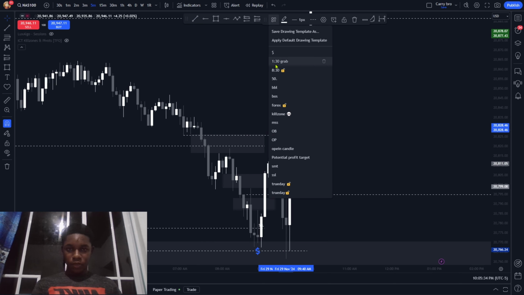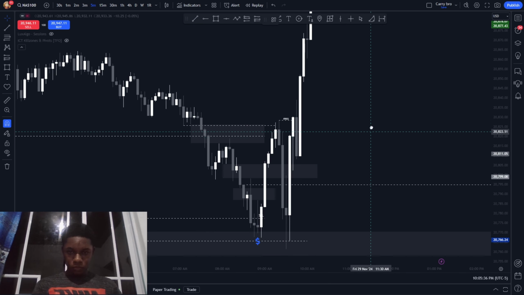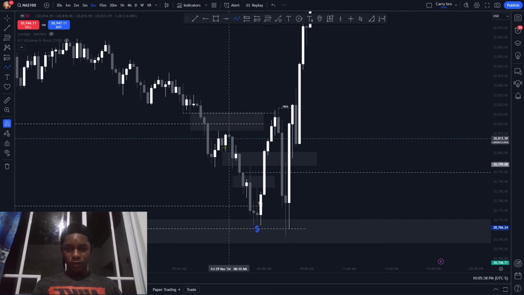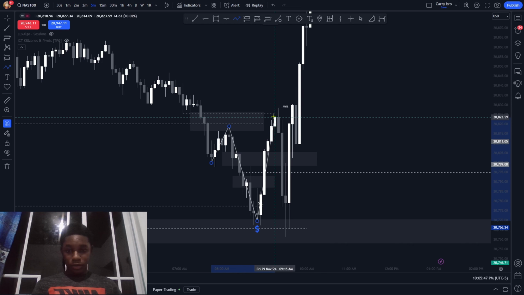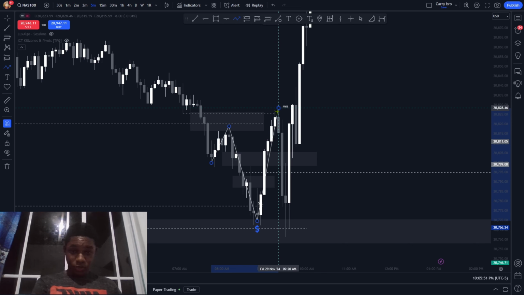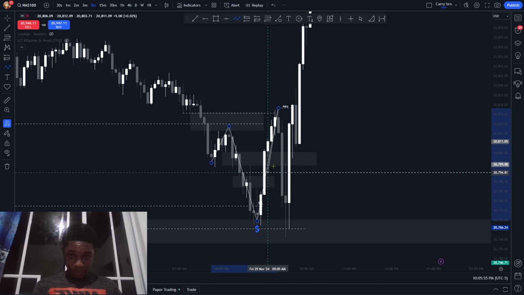If you don't see, let me show you. So we have price creating a swing high, swing low. It did it twice. Broke that swing high. This alone was a market structure shift for price to come back into this fair value gap.